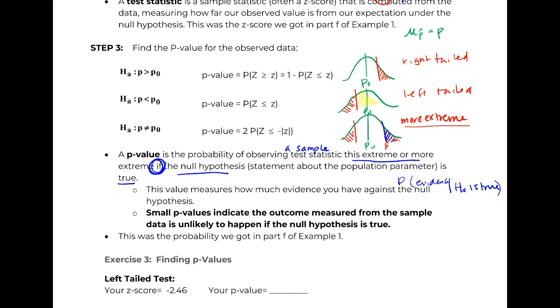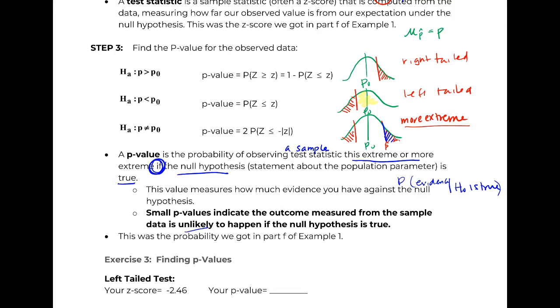And the big idea here is a small p-value indicates that something is unusual or unlikely to happen if the null is true. And then we're in the same situation as our example with the coin flipping. There's two possibilities here. Either we got really lucky or there's something hinky going on.